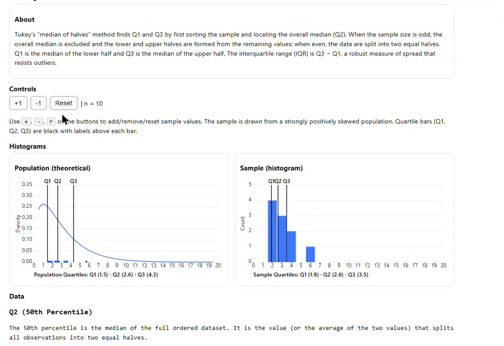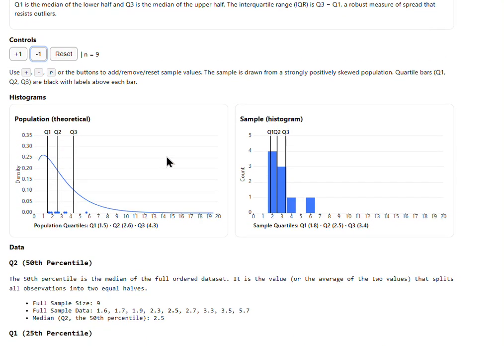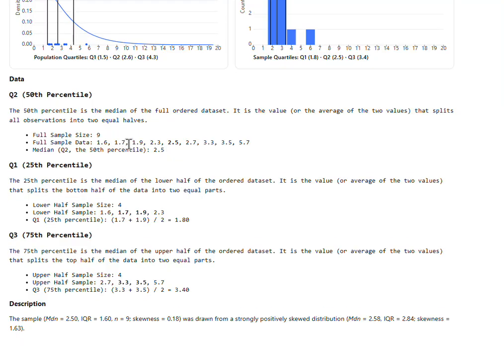Okay, so let's switch this and have a smaller sample size. If you have a sample size of 9, it's really easy to find the middle value for a data set of 9 items, right? So that gives us 2.5. To find the 25th percentile, we take the bottom 4 values, and Q1 will be calculated by taking the 2 middle values, 1.7 and 1.9, adding them together and dividing by 2 to get their average.